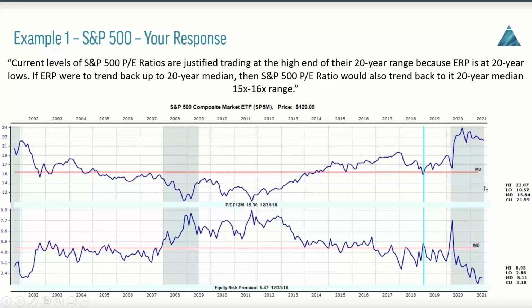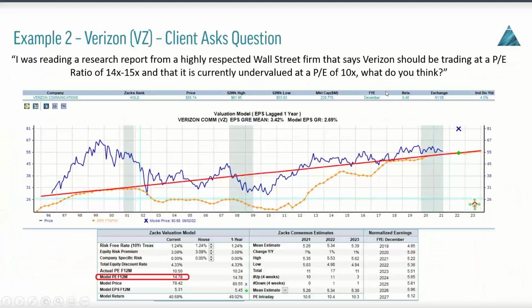And as a matter of fact, if you walk the PE ratio line back to the last time we actually touched the 20-year median, it was at the same time equity risk premium was also at its 20-year median. So this move that we've had in the S&P 500 PE, much of it can be attributed to the fact that equity risk premium is sitting at 20-year lows. So that would be the proper response.